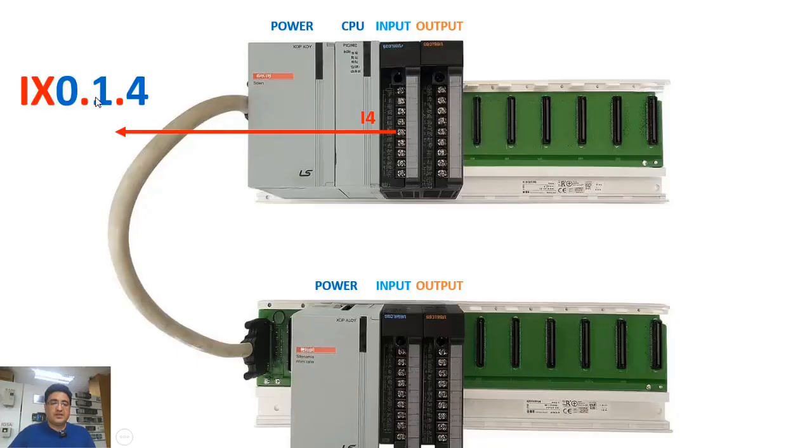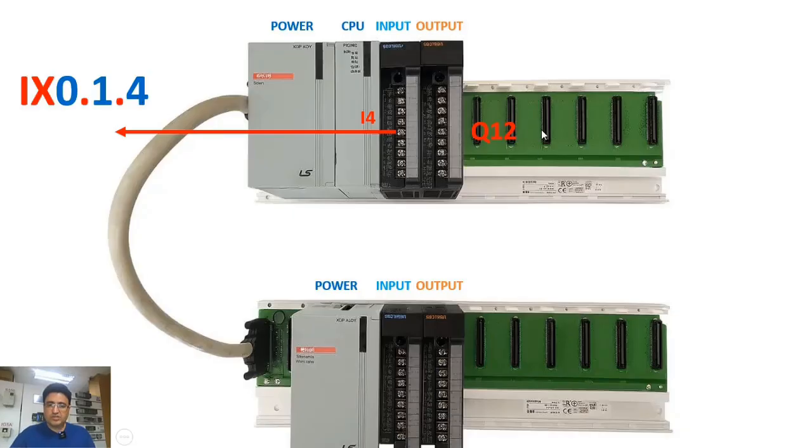This one that you see here refers to our slot number, because we've placed the input card in slot number 1. So here, our slot number is 1, and this number 4 is input number 4. In fact, our terminal number becomes this, because we used input number 4. So here the number 4 is placed.